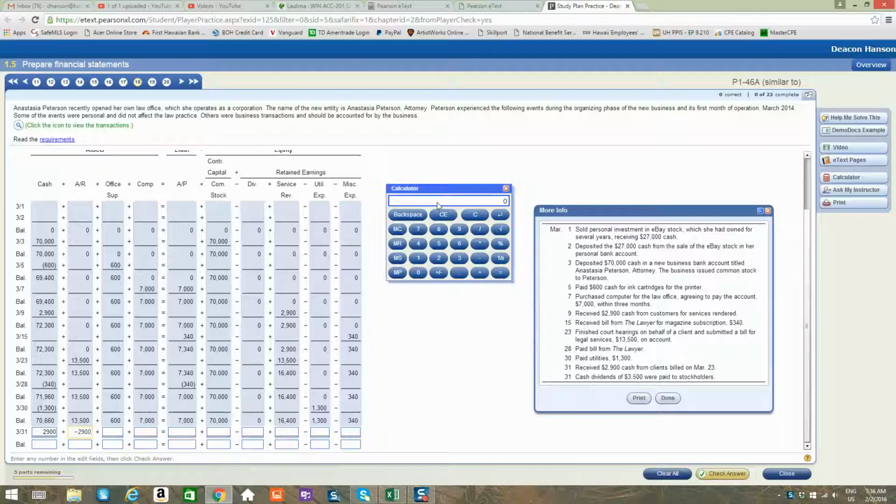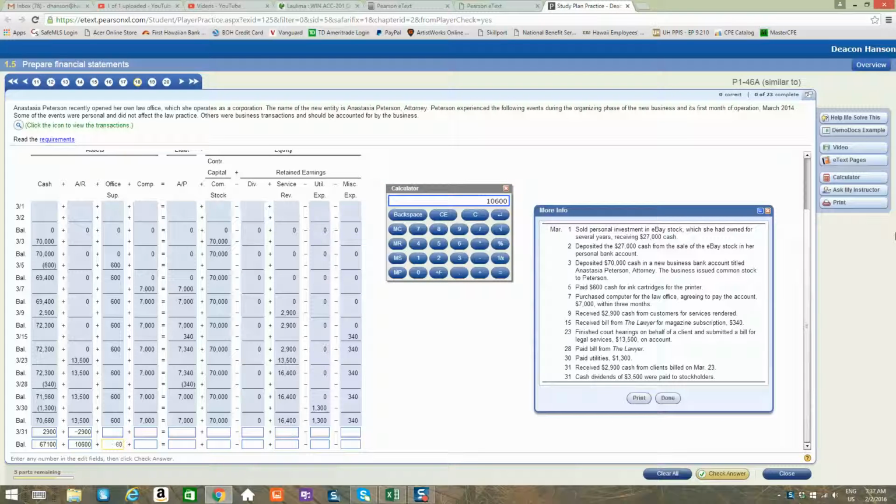Okay, so now if you took 70,000 and subtracted 2,900, your new cash balance is 67,100. Okay. And then what happens to accounts receivable? Well, 13,500 minus 2,900. Your new accounts receivable balance is 10,600.